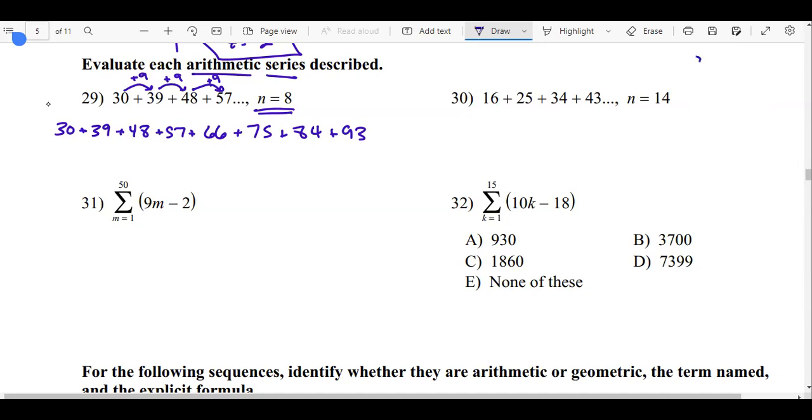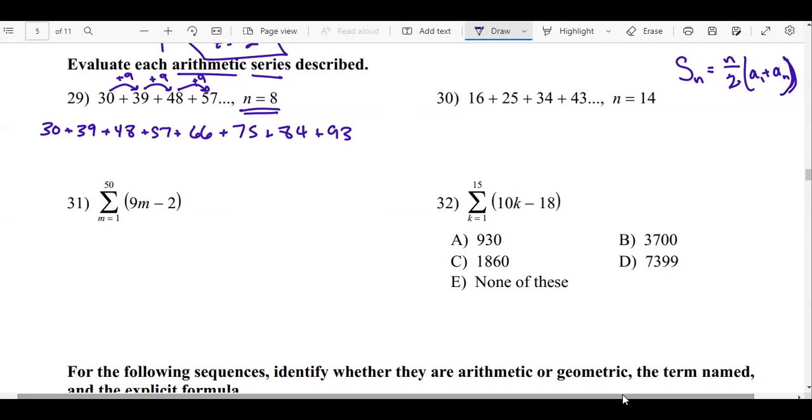So the formula says that the sum of n numbers in an arithmetic series is n over 2 times the first term plus the nth term, whatever the last one they ask you for is. And we know there's an explicit formula that can tell us any term.